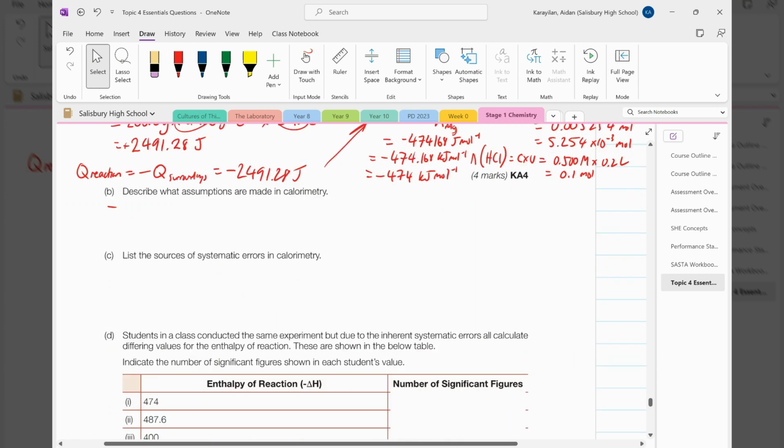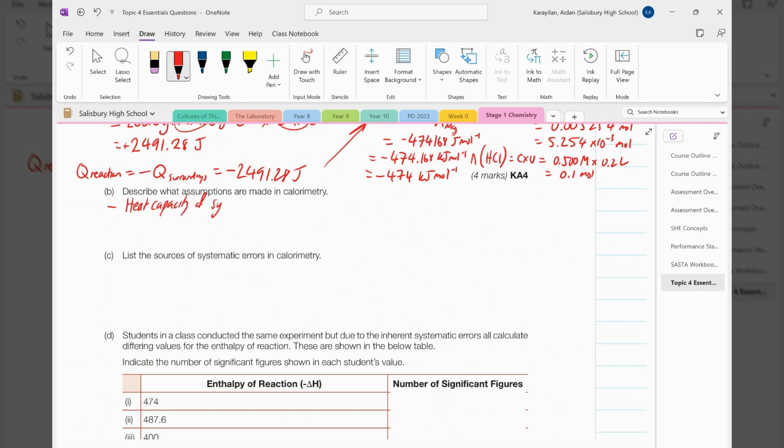So we have the heat capacity of the system is equal to that of water, and no heat gained or lost to the environment.